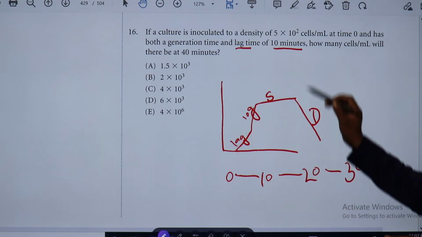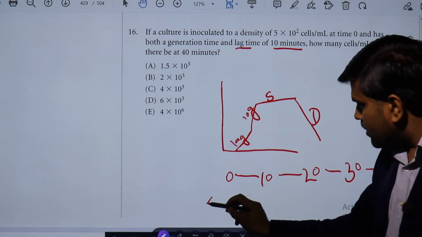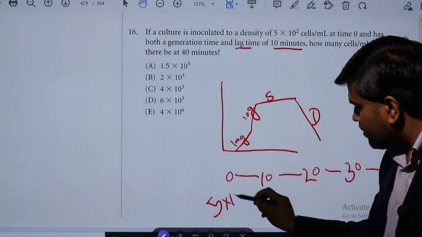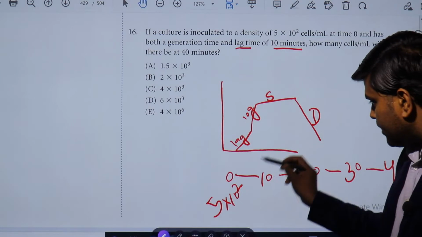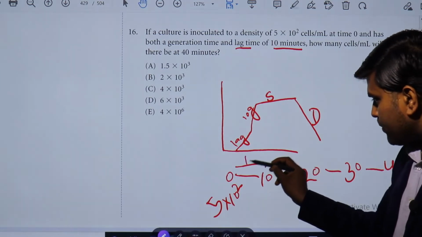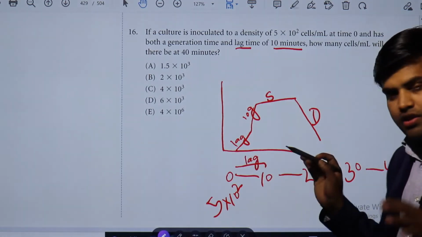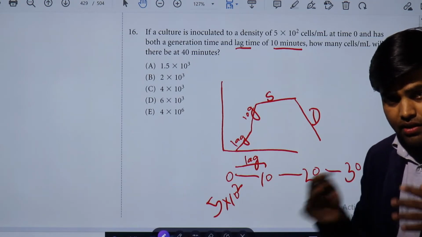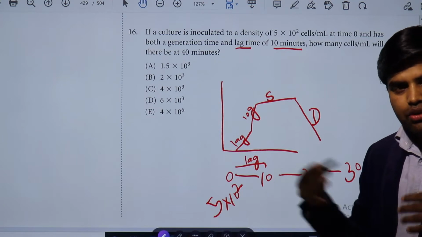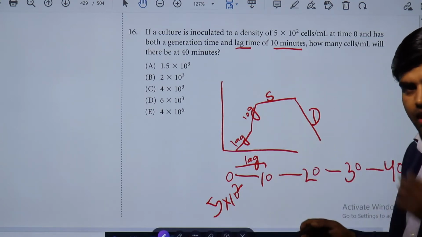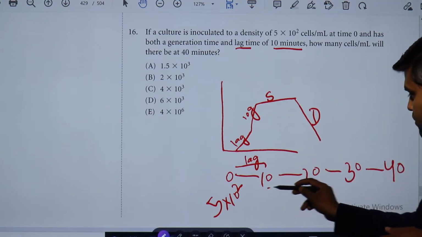You start with 5 into 10 to the power 2 organisms. The initial 10 minutes is the lag period. There will be no growth, because this is the time when the bacteria only accumulate all the metabolic material, and then they enter the log phase and multiply. After 10 minutes they enter the log phase.